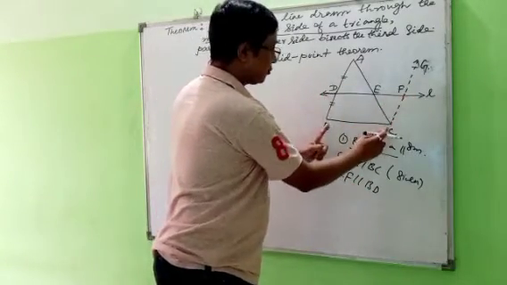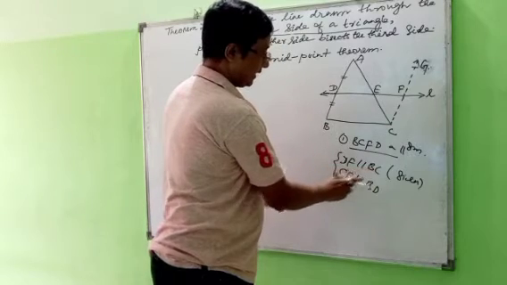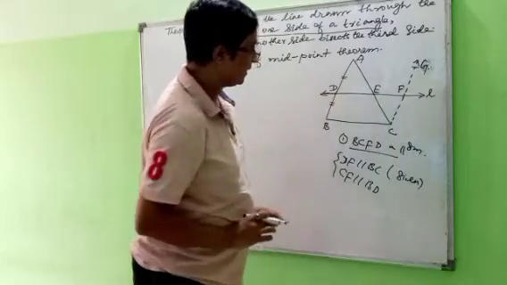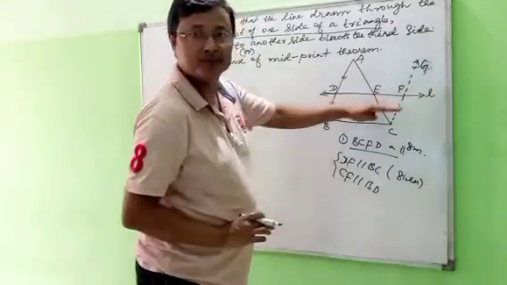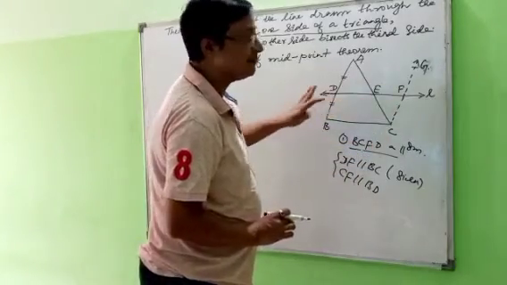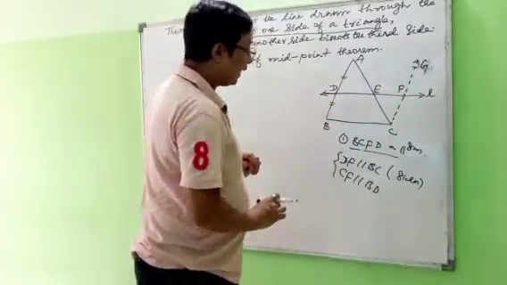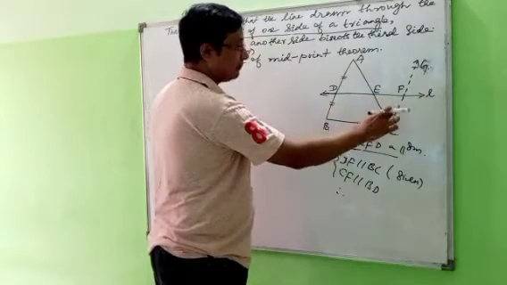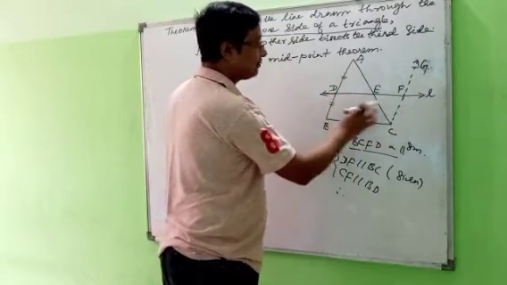DF is parallel to BC, and CF is parallel to BD. That is why BCFD is a parallelogram. Since this is a parallelogram, their opposite sides are equal.